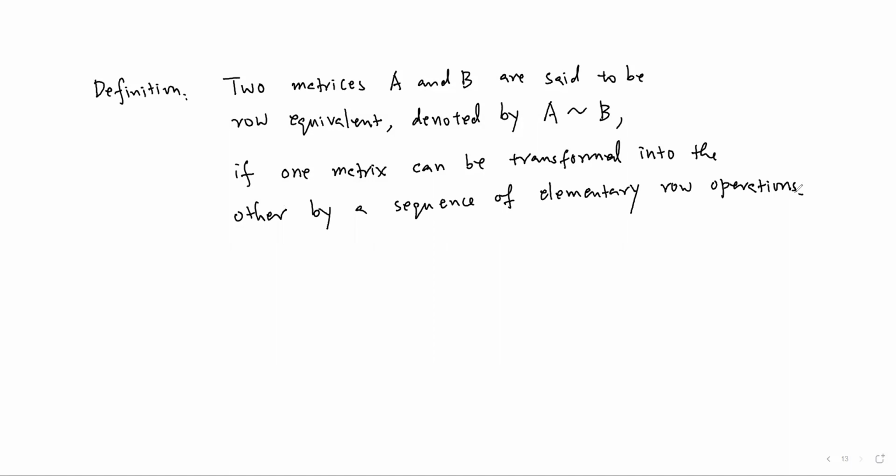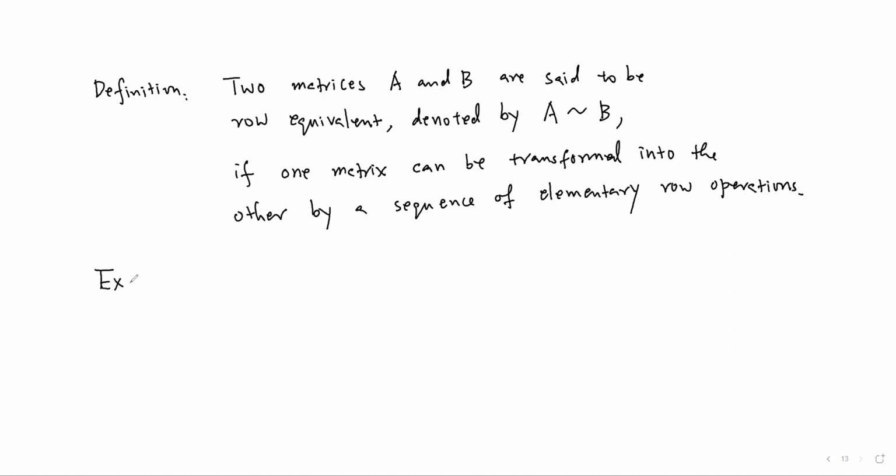Whenever two matrices can be transformed by elementary row operations from one to the other, we call these two matrices row equivalent.